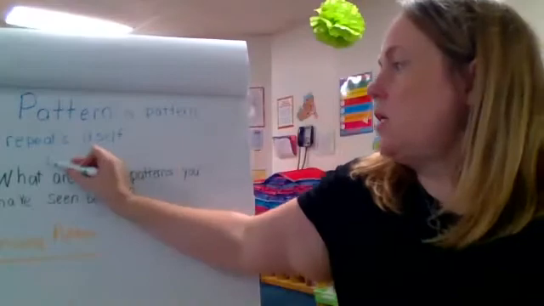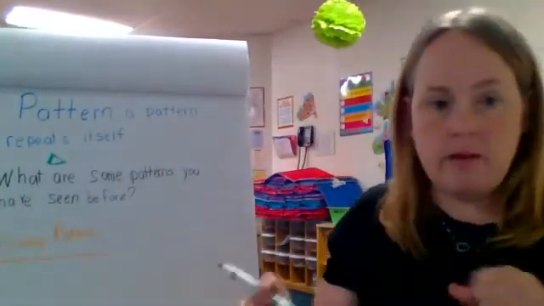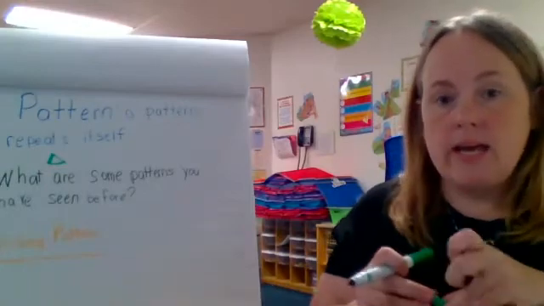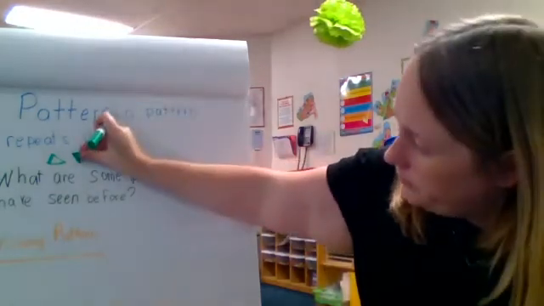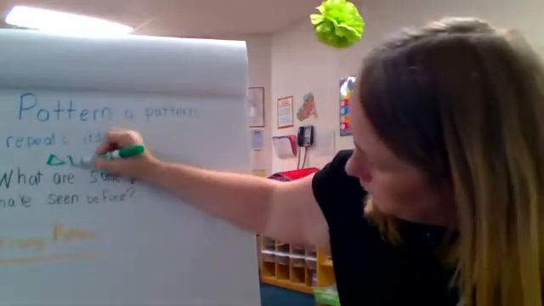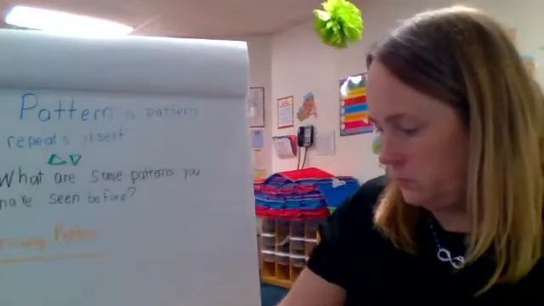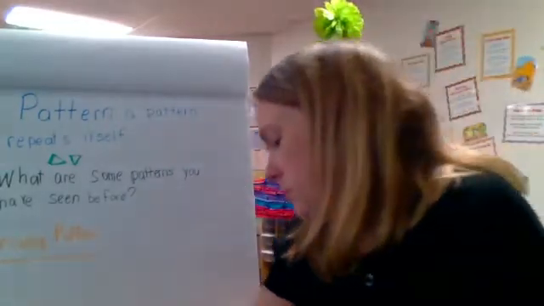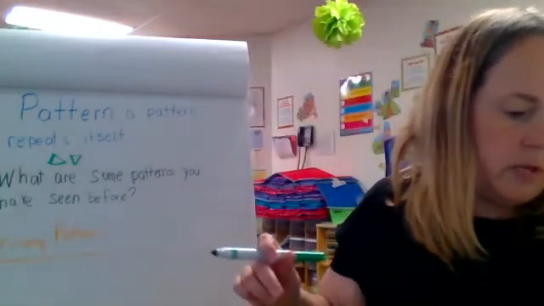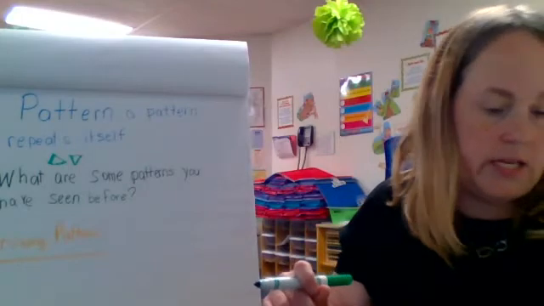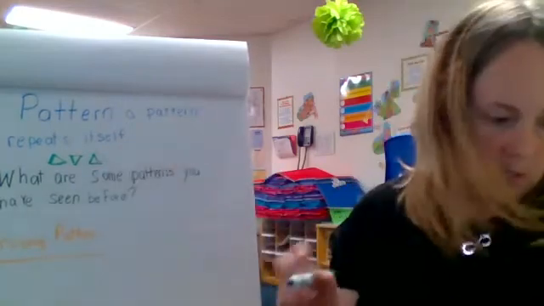Okay, so green, upright triangle. The next one in my pattern is a green downward triangle. The next one is a green upward triangle.